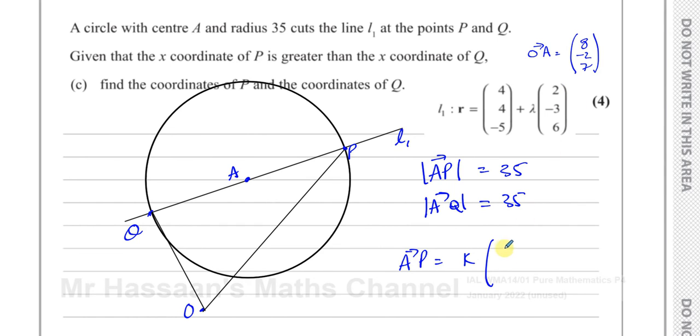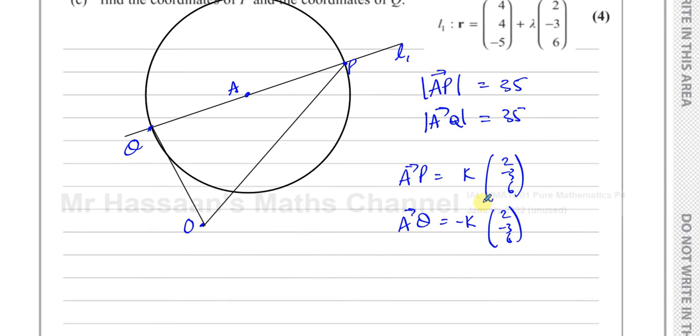So it's some constant k times (2, minus 3, 6). And I know the vector from A to Q is the same constant but in the opposite direction. So it's minus k times (2, minus 3, 6). If I want to go from A to P, I've got to go k times (2, minus 3, 6). If I want to go from A to Q, I've got to go the same distance but in the opposite direction. It's along the same line, parallel.